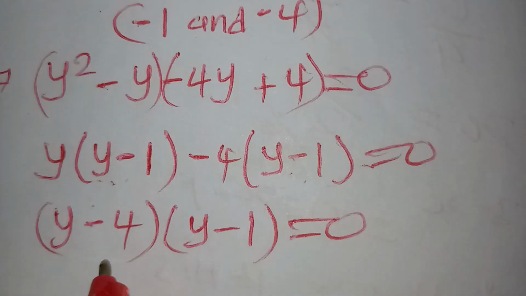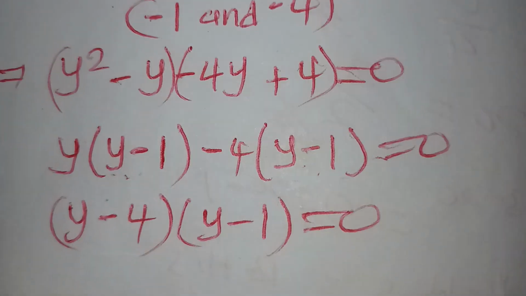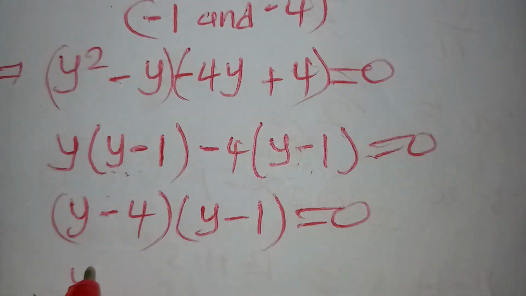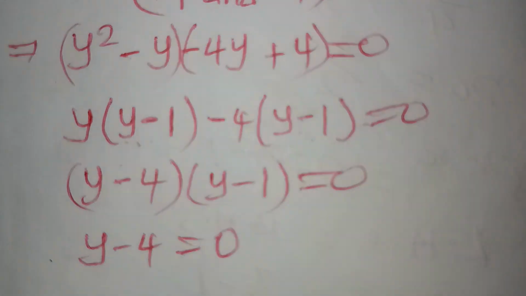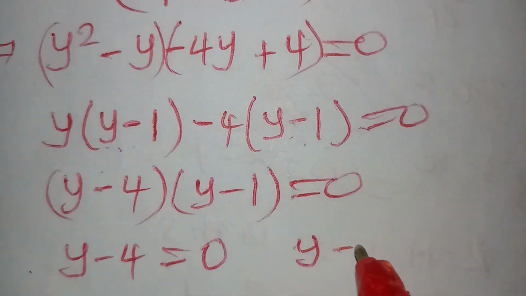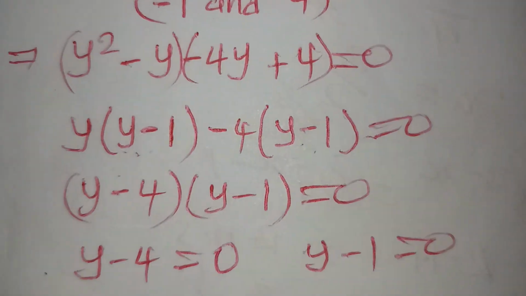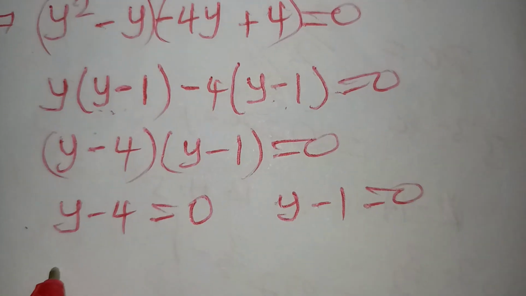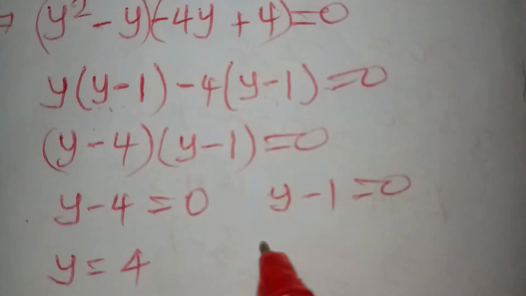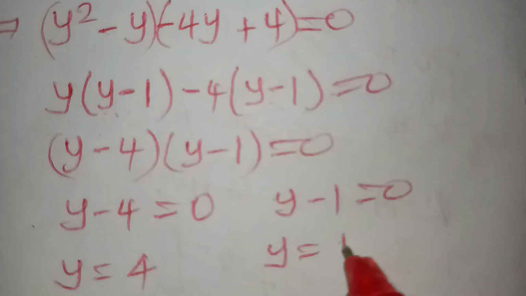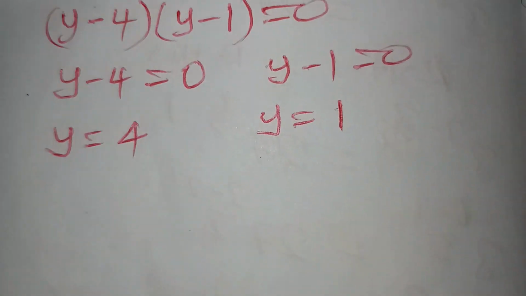We pick each term and equate it to 0 to find y. So y minus 4 must equal 0, and y minus 1 must also equal 0. So y equals 4, and y equals positive 1.